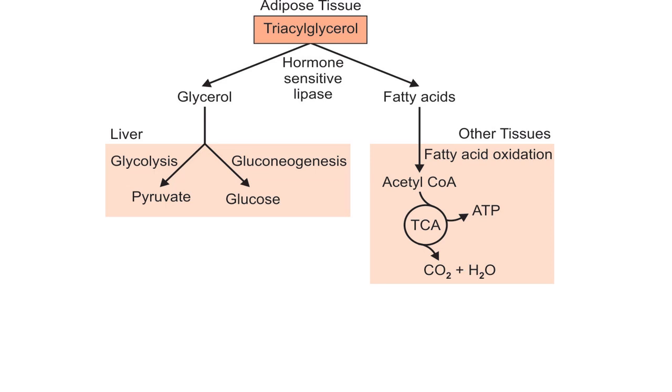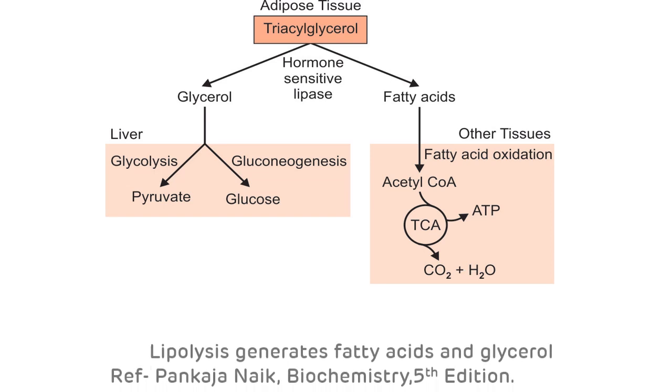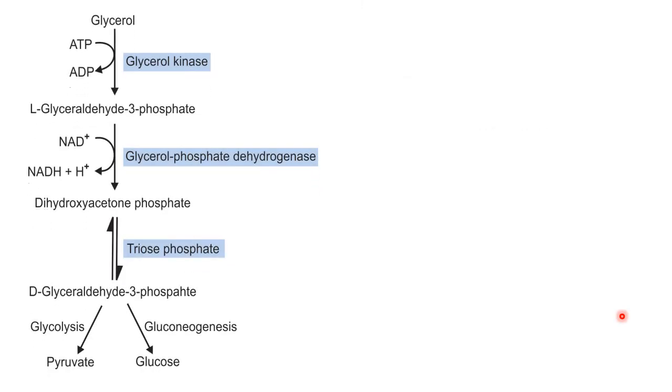Now we will see how glycerol is metabolized in the liver with the help of glycerol kinase enzyme. In the liver, with the help of glycerol kinase enzyme, glycerol is phosphorylated into glycerol 3-phosphate, and here there is a hydrolysis of ATP into ADP. Now this glycerol 3-phosphate gets oxidized into dihydroxyacetone phosphate with the help of glycerol phosphate dehydrogenase enzyme.